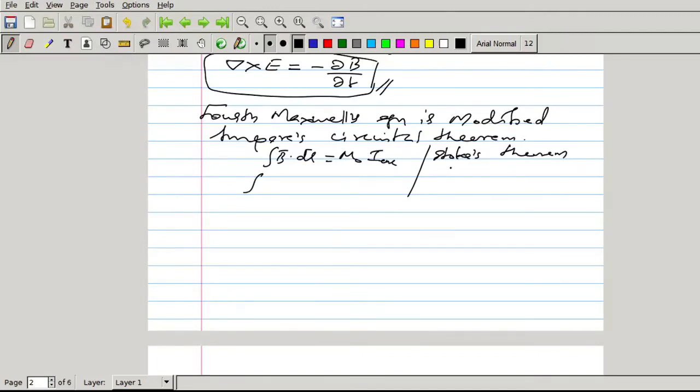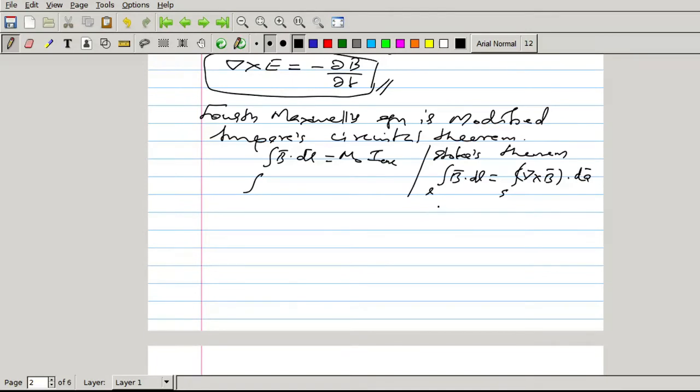This is the line integral, then the surface integral del cross B dot dA. The line integral can be changed into a surface integral using Stokes theorem.